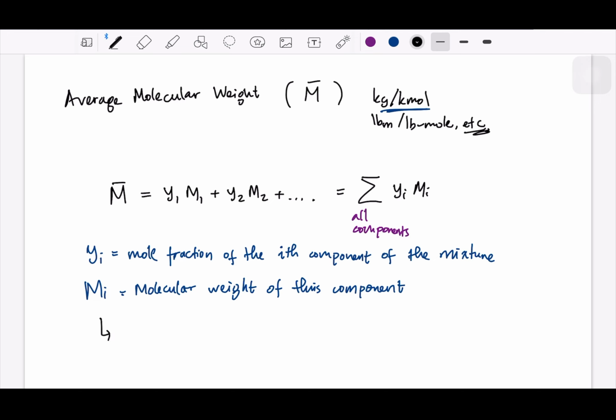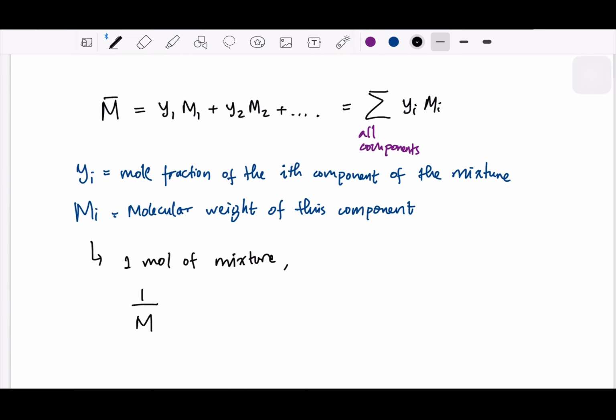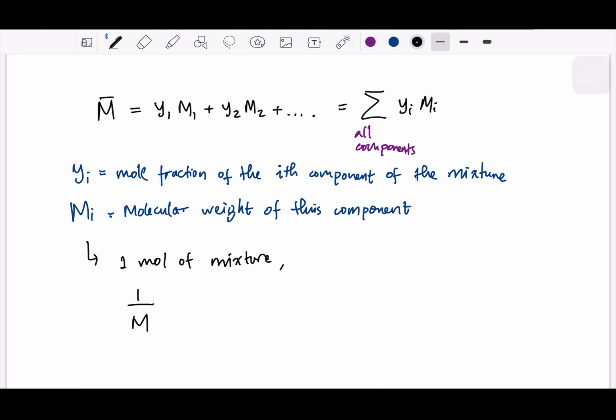And by taking 1 mole of mixture, we can also get the 1 over M, or this is 1 over M, the average molecular weight. We take the reciprocal and change the mole into mass. Okay. And this is also similar, but this is for mass fraction.